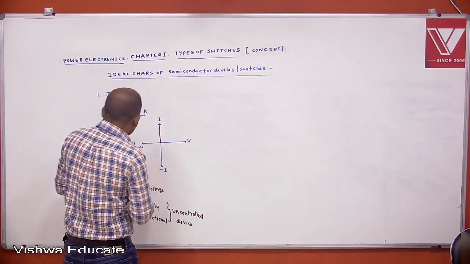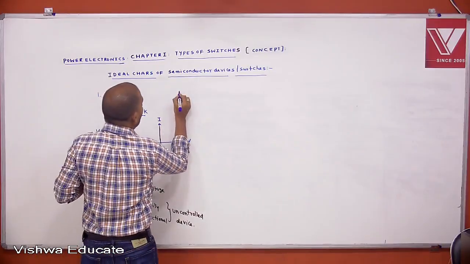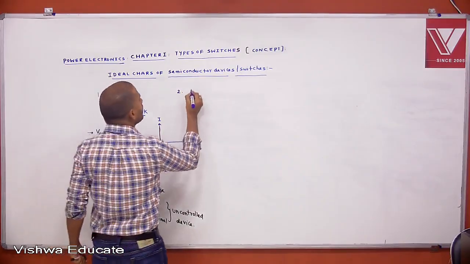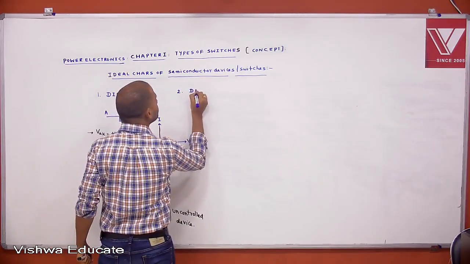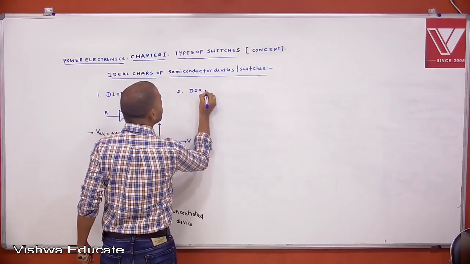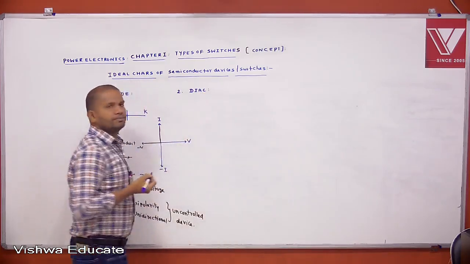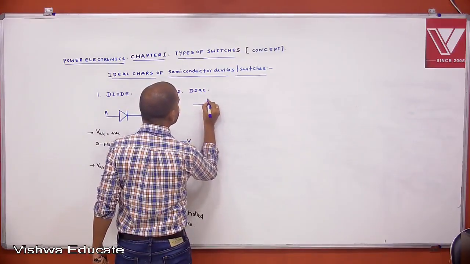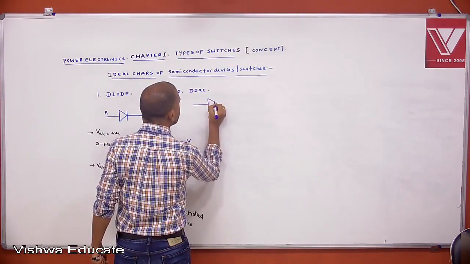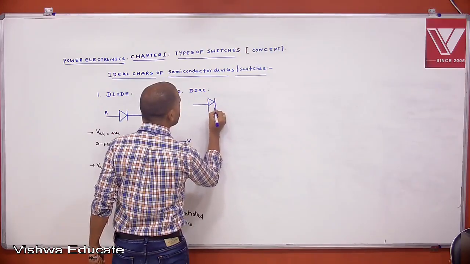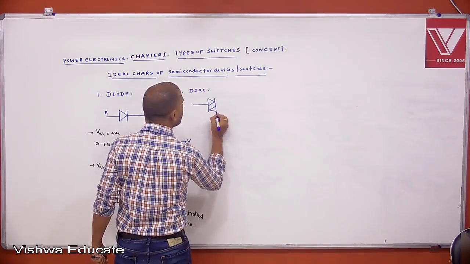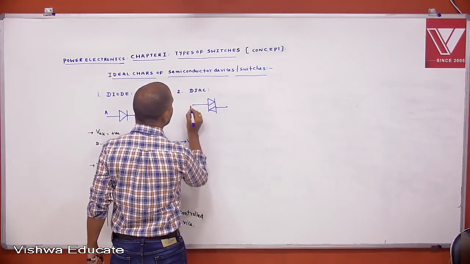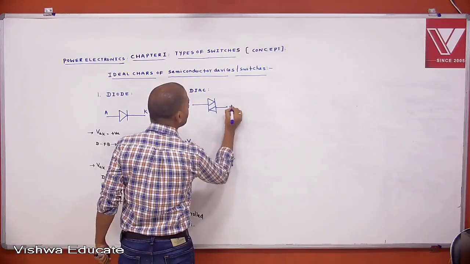Now see how to draw the ideal characteristics of a DIAC. This is the symbolic representation of it. This one dash.